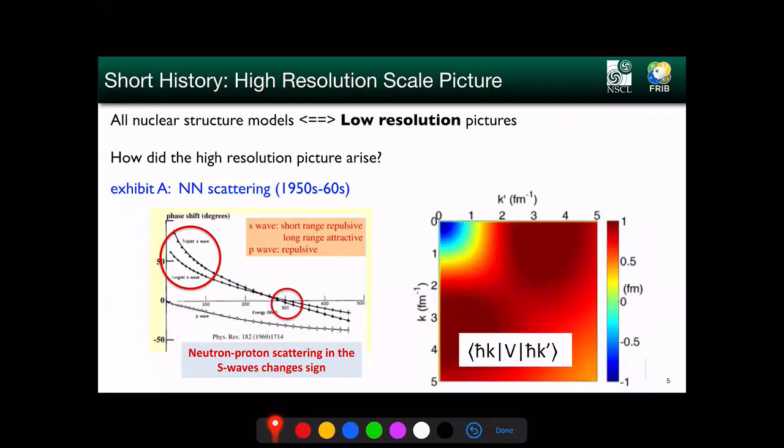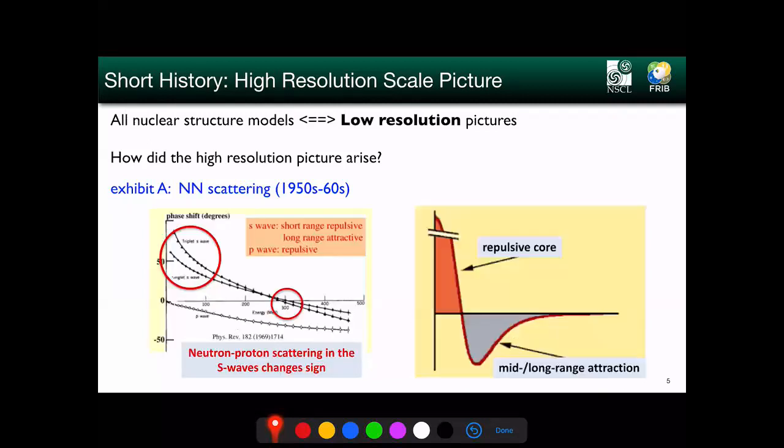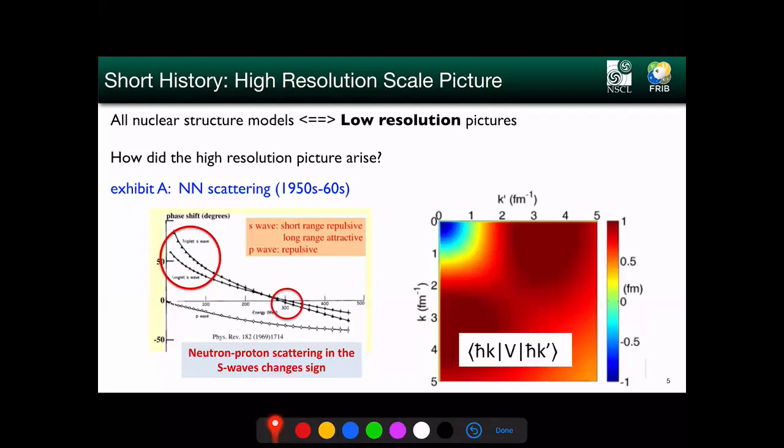Of course, for our purposes, it's maybe a little more useful to think in terms of momentum space. If you look at that picture of an interaction with the strong short-range repulsive core and go to momentum space, as you know, that results in a very strong mixing of momentum modes over a wide range of scales.